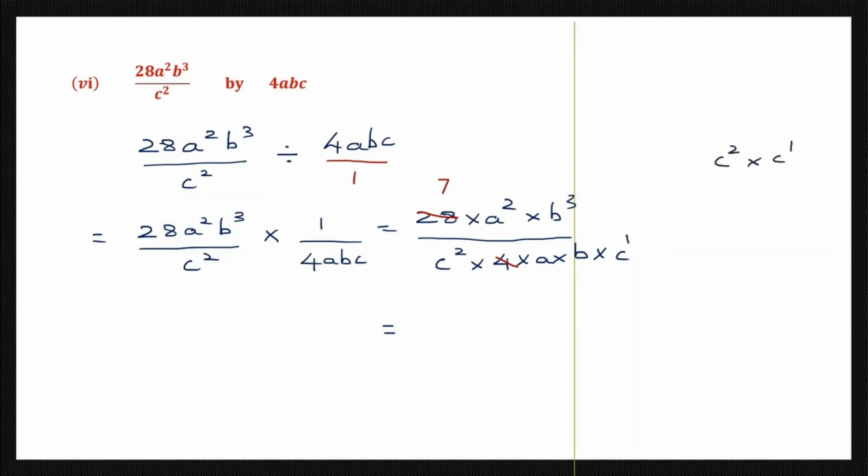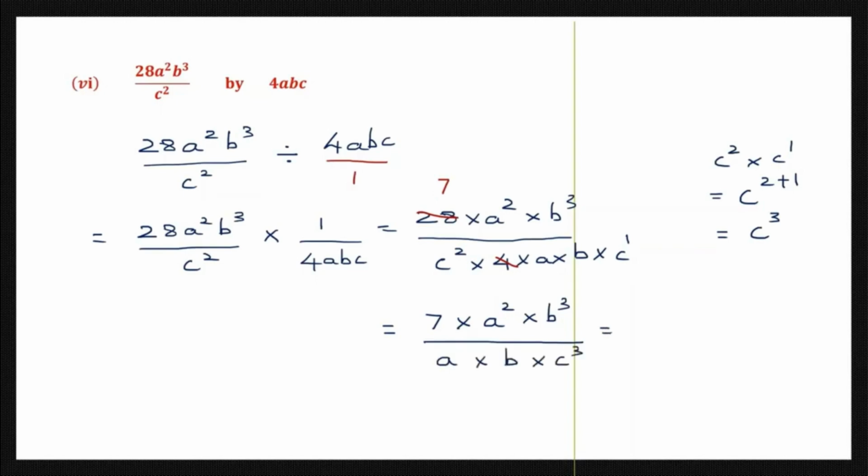Because it is multiplication, we add the powers. In division, we subtract the powers. In multiplication, we add. So this becomes c to the power of 3. So what do we have? 7 into a to the power of 2 into b to the power of 3. Then in the denominator, let's arrange it in order from a, b and c. We have a into b into c to the power of 3.